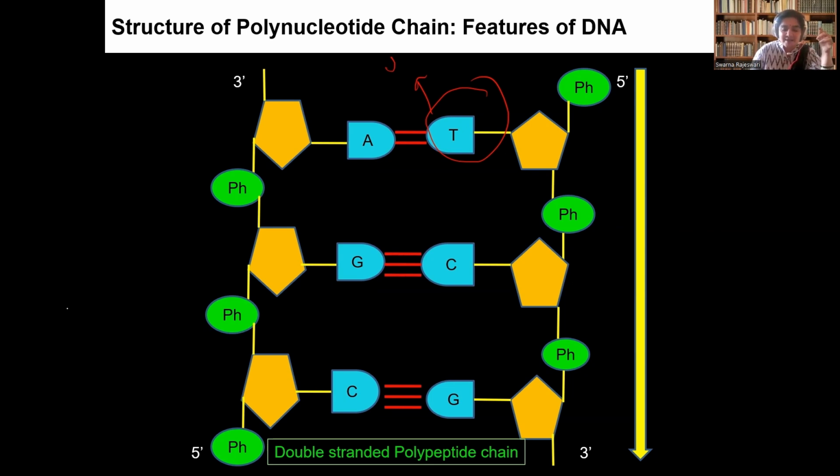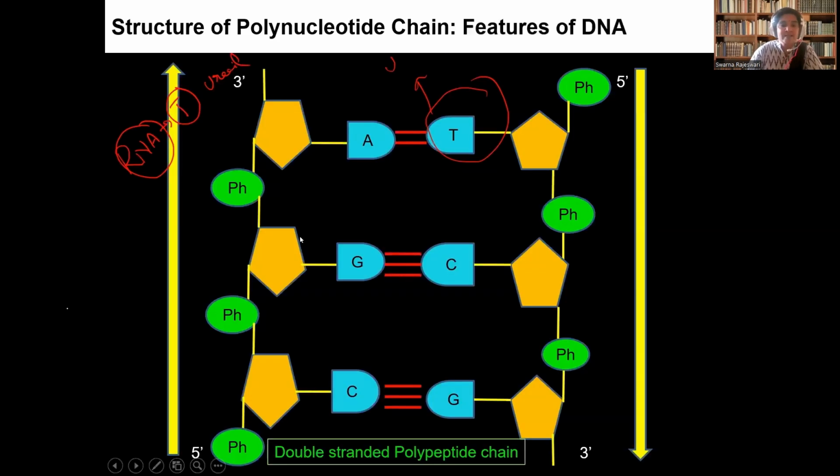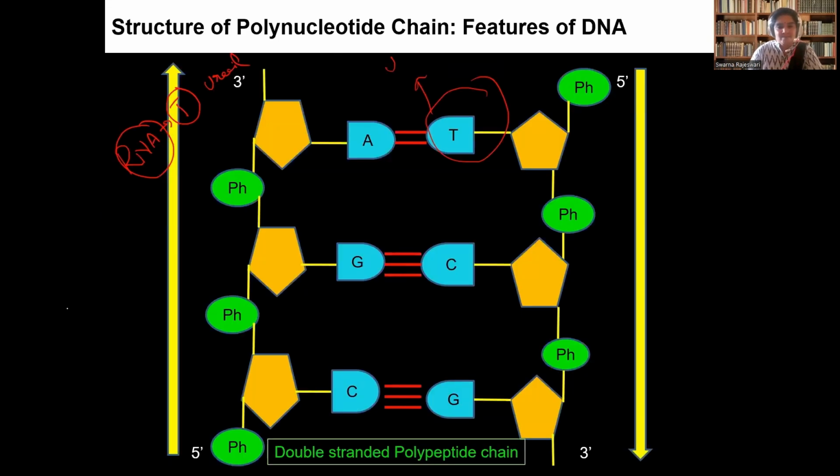Now you can raise a doubt. I am saying that in case of RNA, in place of thymine, there is uracil, and I even said that RNA is single stranded. So when the DNA is undergoing transcription, one strand of DNA is used and complementary to that, RNA will be produced.